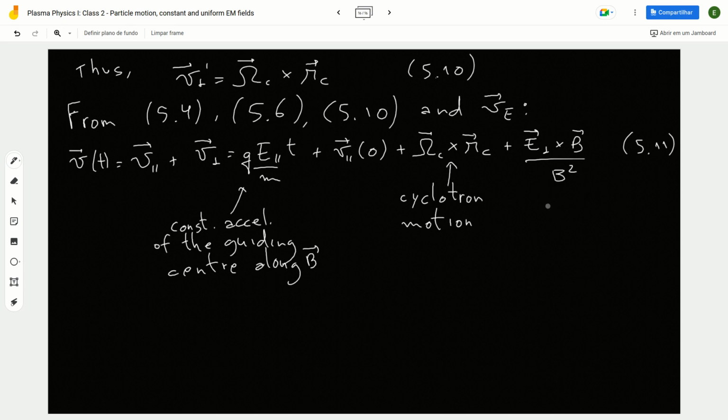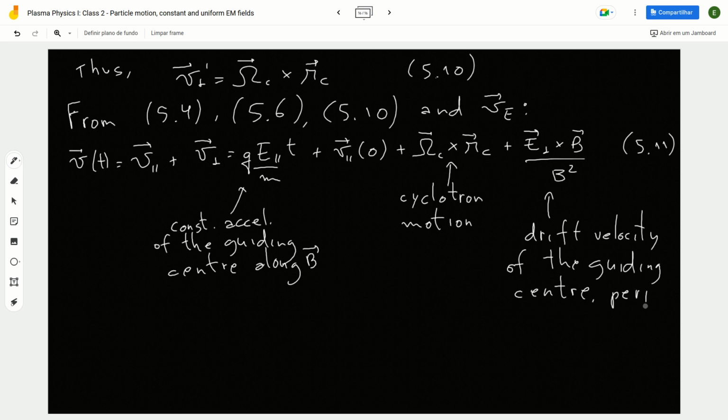And this is the drift velocity, we call it the drift velocity of the guiding center, perpendicular to both E perp and B.